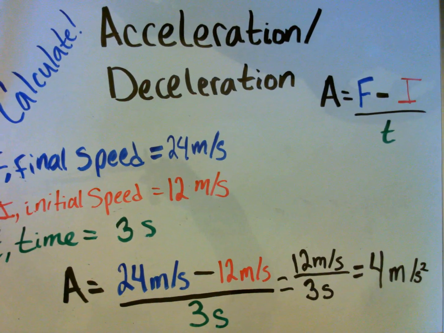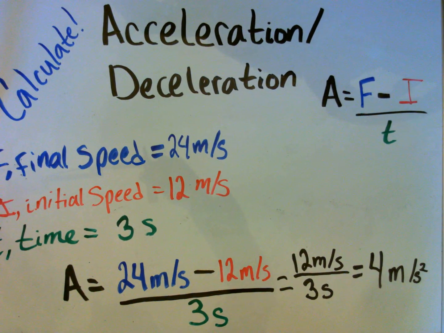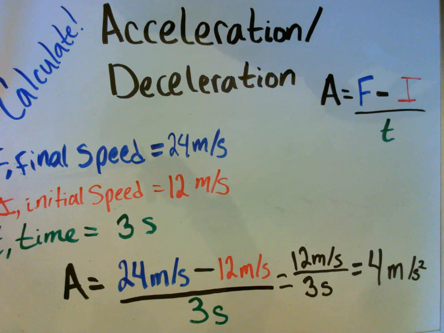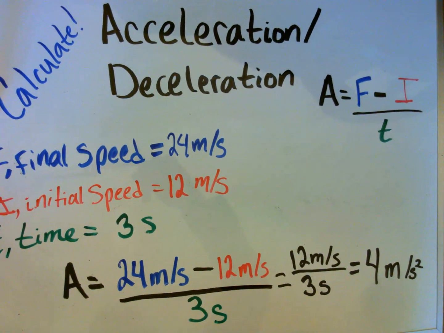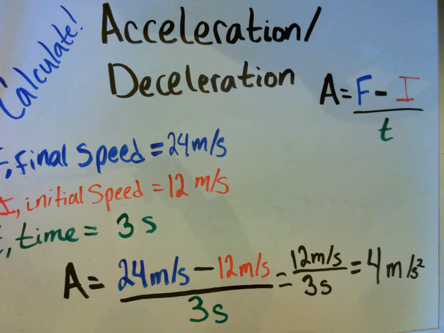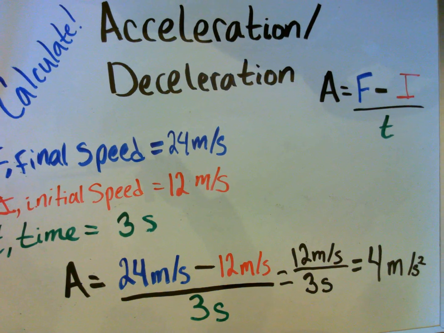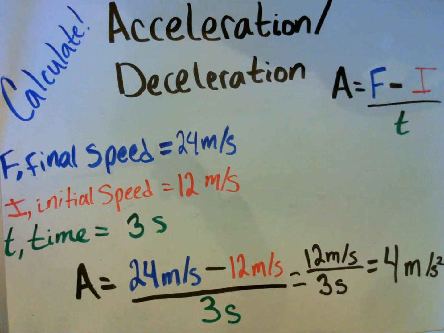Were you able to get that? We're going to do another example, but this time we're going to talk about deceleration. If you've noticed, so far on our examples, our accelerations are positive, meaning that they're speeding up. So let's talk about deceleration and what happens when we have a negative acceleration.